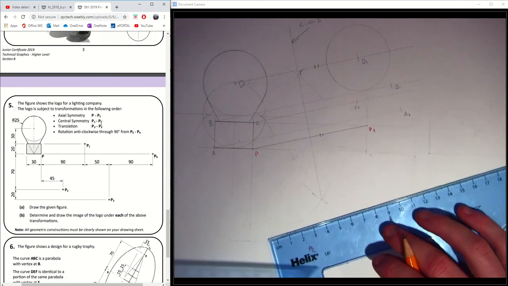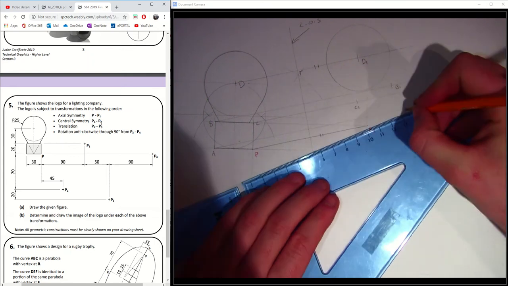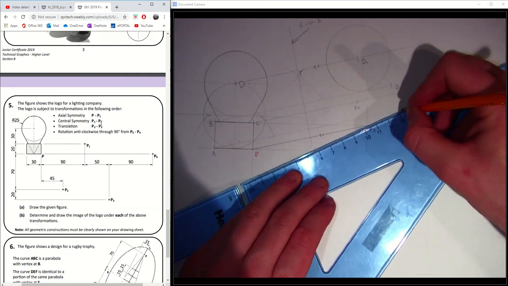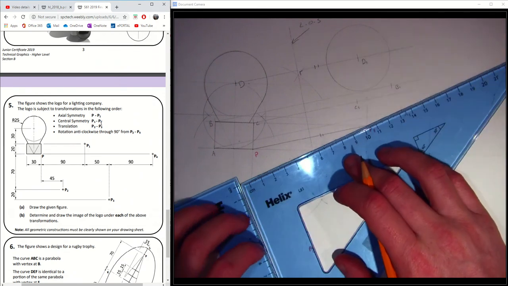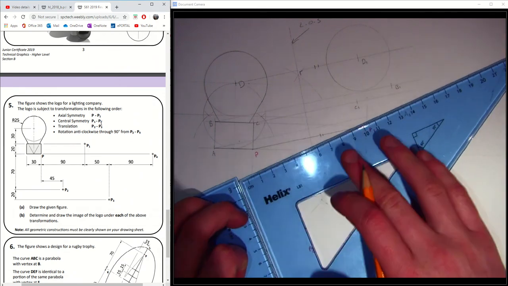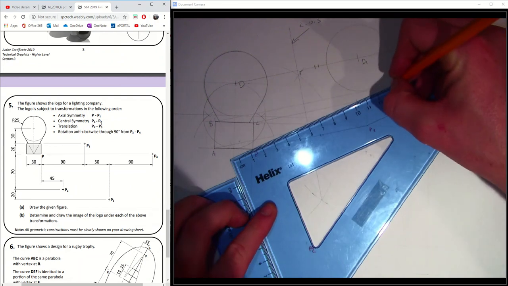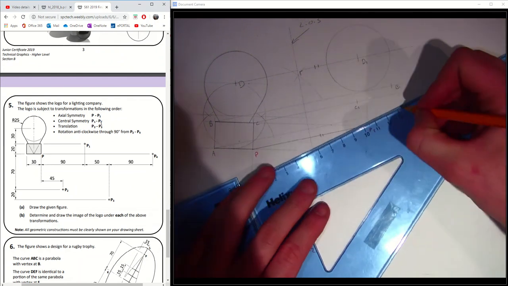Okay, so next thing is we're joining up our points. So A joins to P here, so that means A1 has to join to P1. Next, B joins to C, so they're also parallel here, so everything should be parallel here as well. It's just making sure.